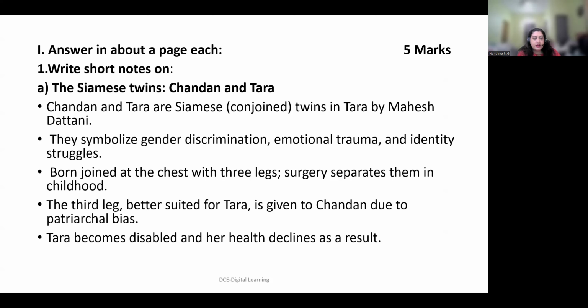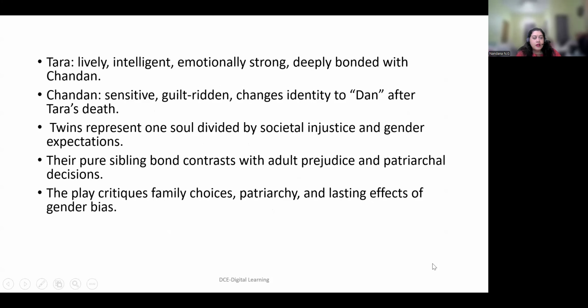Tara becomes disabled. Remember, she is not born naturally disabled, but patriarchy literally awards her with disability and her health declines as a result. Tara is lively, intelligent, emotionally strong, and deeply bonded with her twin Chandan. On the other hand, Chandan is sensitive, guilt ridden, and changes his identity to Dan after Tara's death.